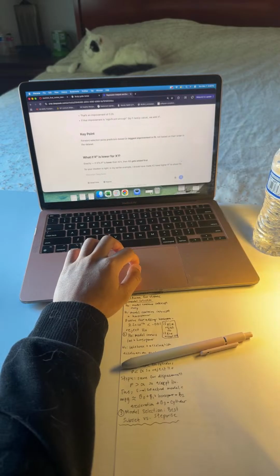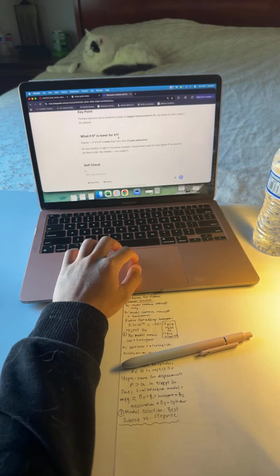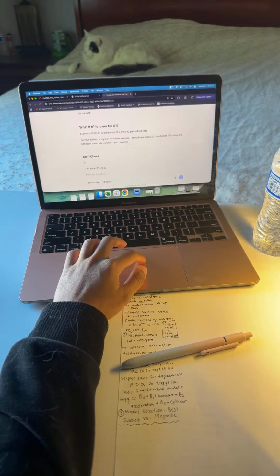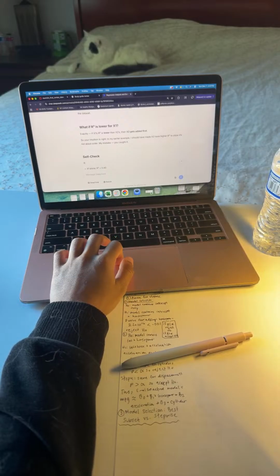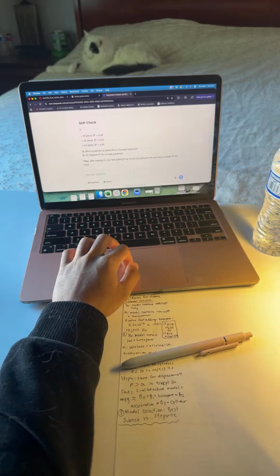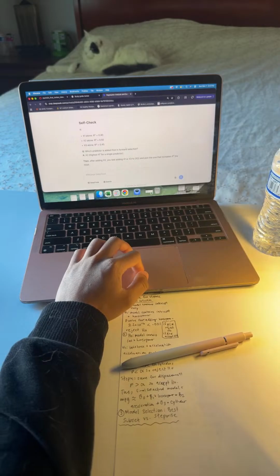So in forward selection, what if R squared is lower for x1? Then x2 gets added first. So it's not about the order in the data. So self-check, if x1 alone R squared is 0.40, then x2, yeah, okay, that makes sense.